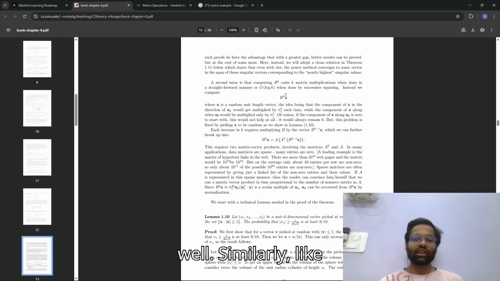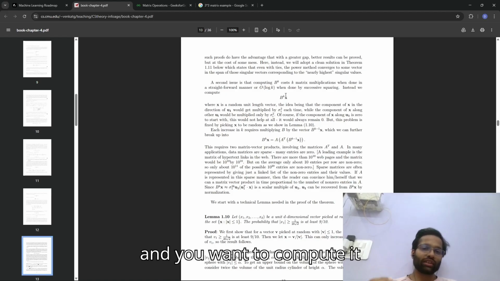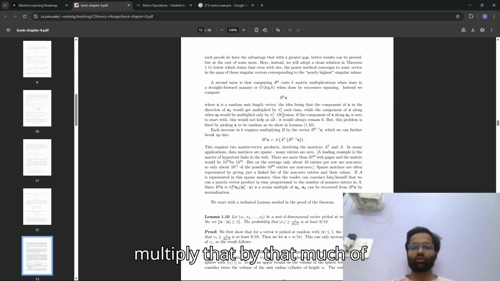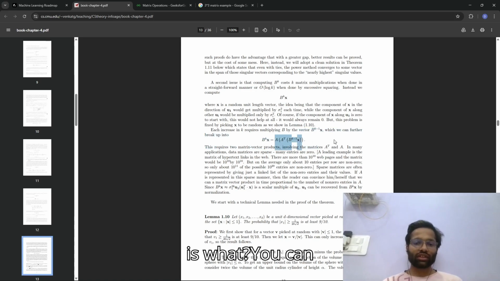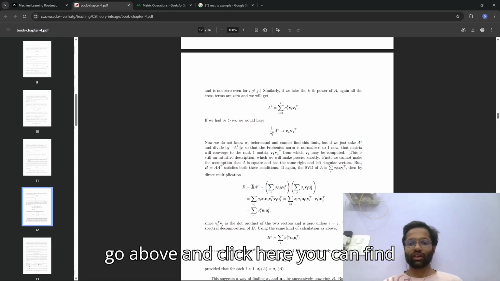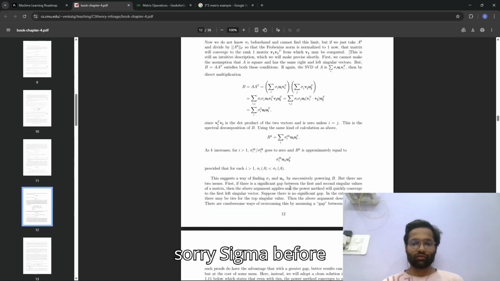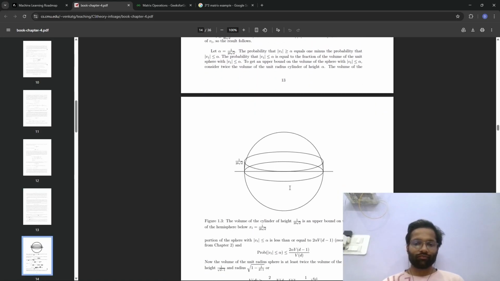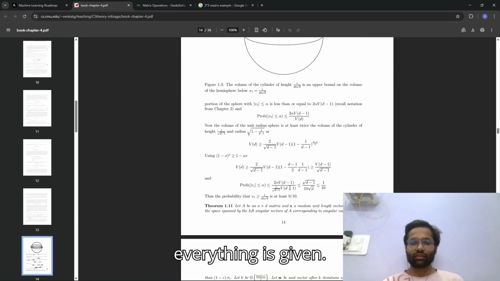Similarly, if you have an element raised to the power k and you want to compute it, either you multiply it that many times, or you follow the formula, which you can find here. Sigma, if I'm right, yes. And the volume of the cylinder, everything is given.